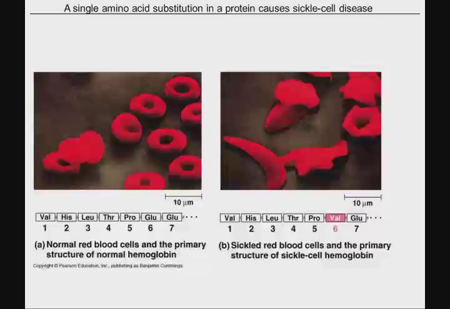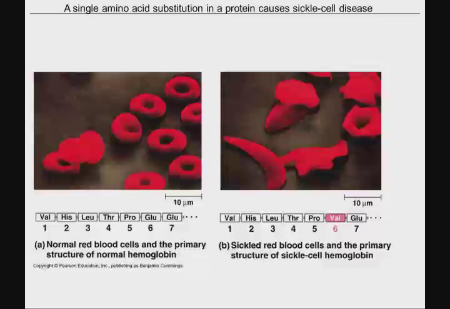So in this case, if you look at proteins 1, 2, 3, 4, 5, 6, in a normal red blood cell, the hemoglobin at position 6 is a glutamine. It has an amino acid called glutamine. If you have the genetic disease sickle cell anemia, then in that 6th position, instead of glutamine, you have valine.